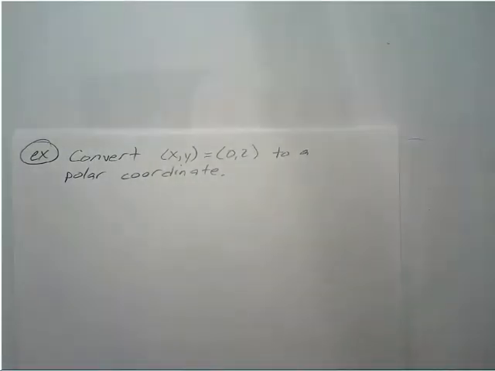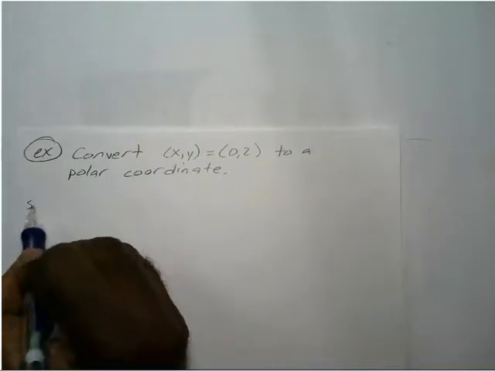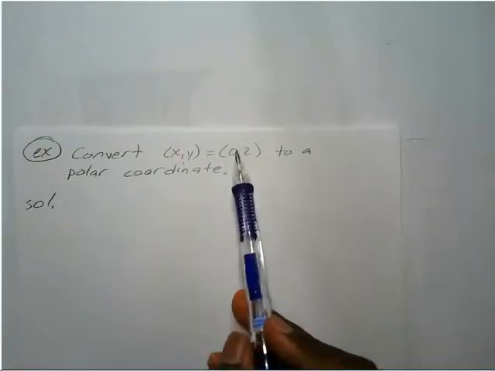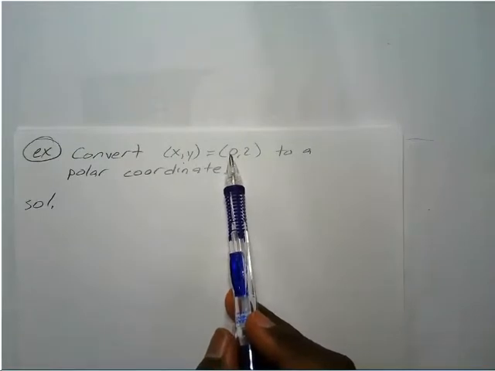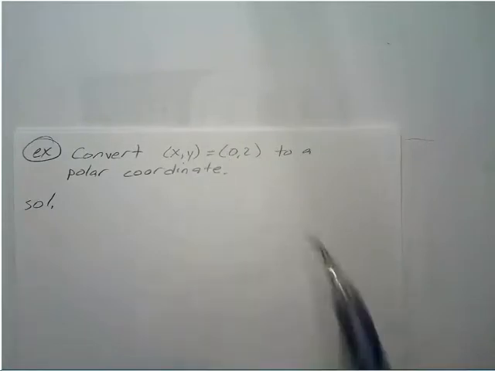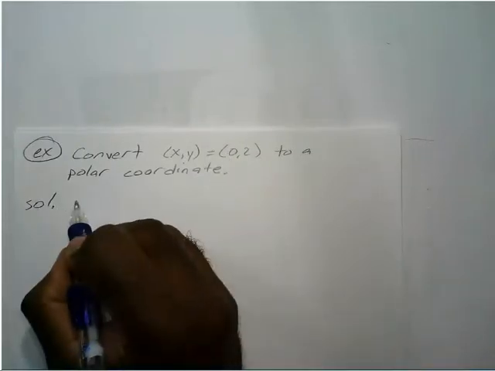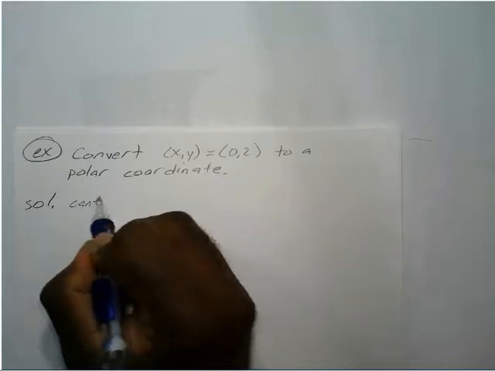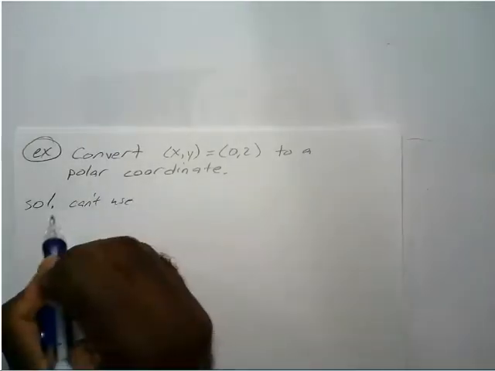The reason I pointed this out is because whenever one of your rectangular points is 0, especially if it's x, that can cause a problem. This is just a quick note.